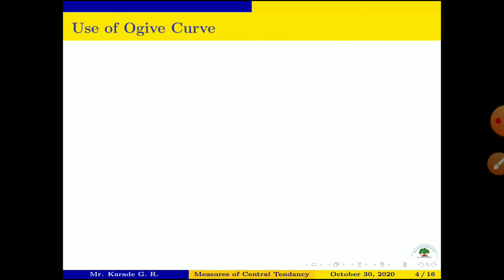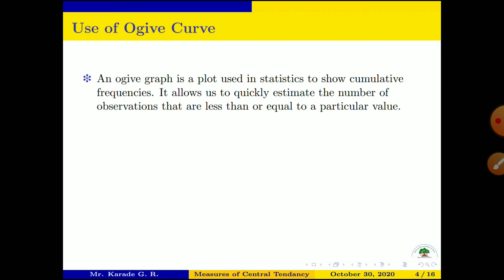We see the use of Ogive curves. An Ogive curve or Ogive graph is a plot used in statistics to show cumulative frequencies. It allows us to quickly estimate the number of observations that are less than or equal to a particular value.